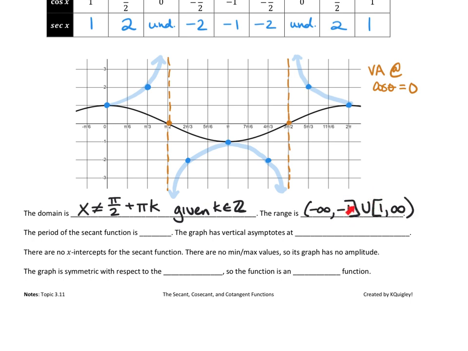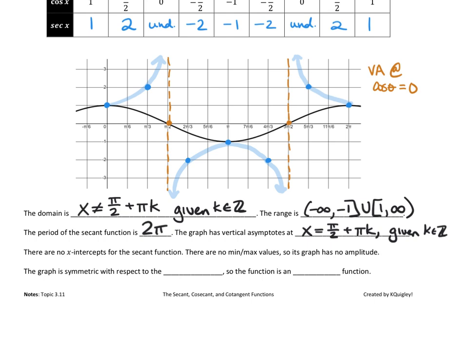This little gap in the middle is the range of cosine. So the range of secant is everything else. As you can see, this shape repeats every 2 pi, so it has a period of 2 pi. And it has vertical asymptotes at every place we said the domain was undefined. So pi over 2 plus pi times k, given k is an integer.